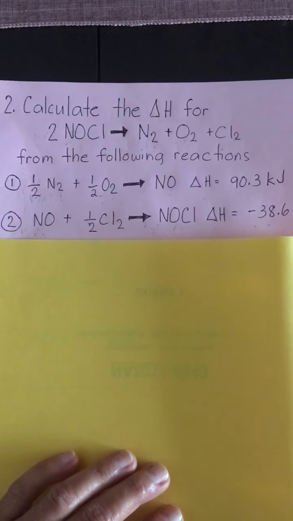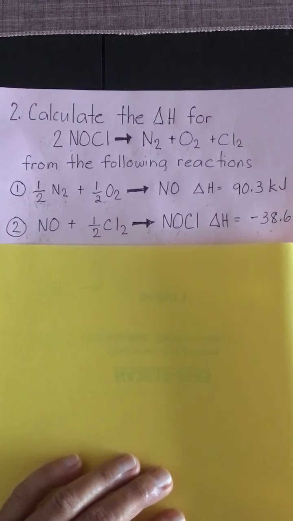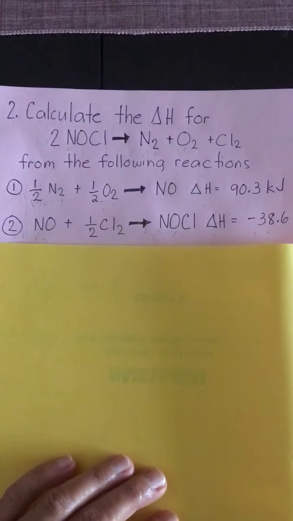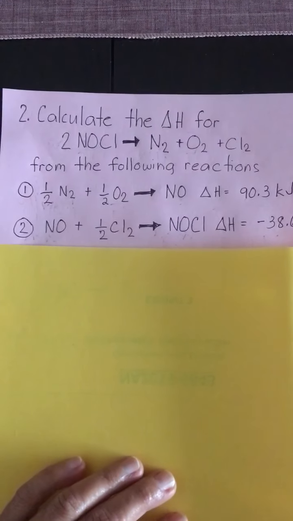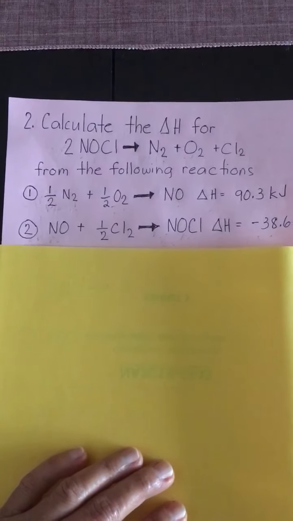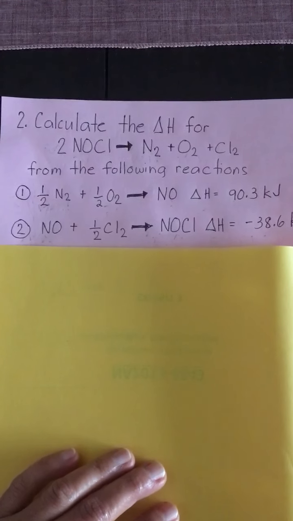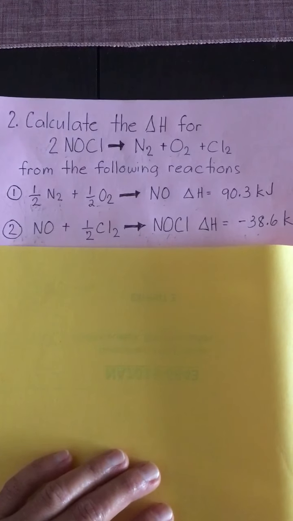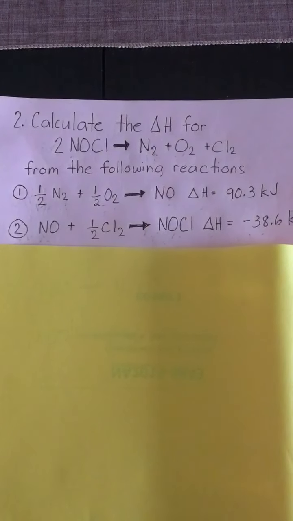Hi everyone, I have here a sample problem of the assigned practice problems we have on Hess's law. Here it says calculate the delta H for 2NOCl to form N2 plus O2 plus Cl2.